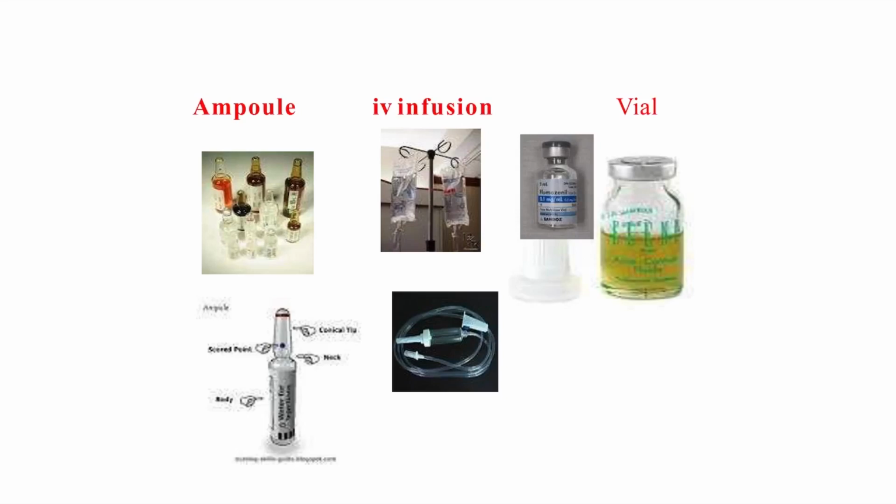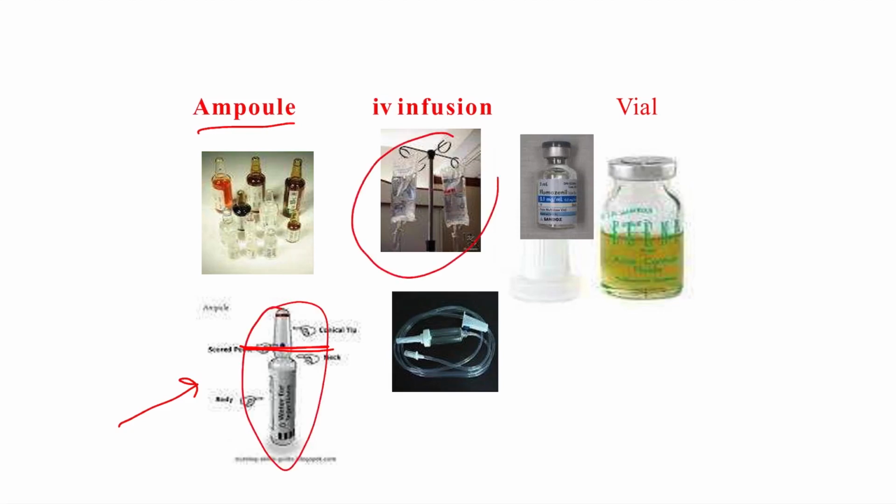For these injections or parenteral routes, we have different formulations. For example, a tiny bottle kind of structure is an ampule, where we need to break from this mark, and the drug we need to utilize in a single use only. Otherwise we need to discard that particular bottle.